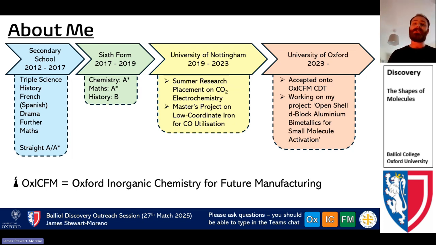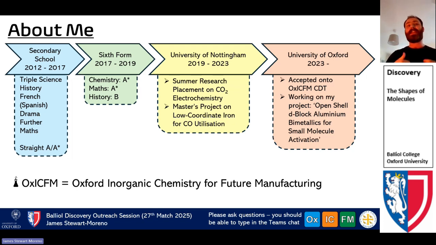And then during my master's year, I focused on what we tend to call low coordinate iron. So using an iron molecule that was very reactive in order to react with carbon monoxide and turn it into useful products. And this is the chemistry that I really started to enjoy. And so I went on to start my PhD, or my DPhil, as we tend to call them here at Oxford. I joined on to something called the OxICFM CDT.